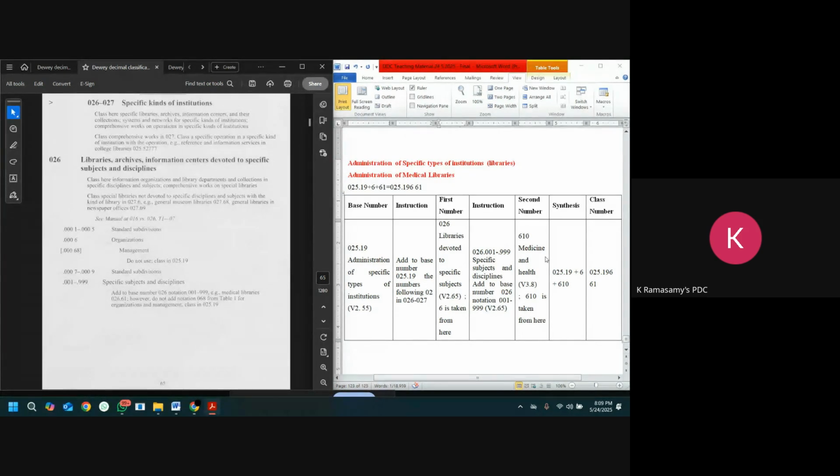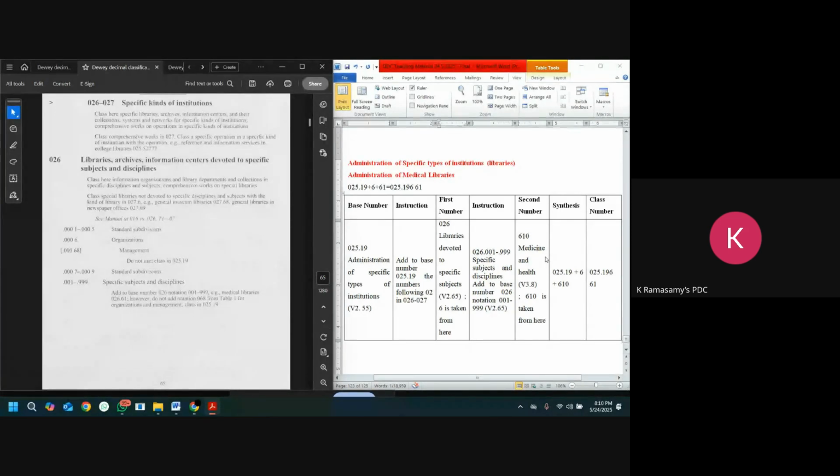To that base number, you can add either a full number, or a division number, or a section number, or from centered headings or internal tables, or using the phasor indicator. Or you take a base number and add any number from any of these 6 tables. Starting from Table 1, standard subdivisions, and Table 2, areas, these two can be used for adding to any subjects. Table 3 is meant only for 810 to 890.